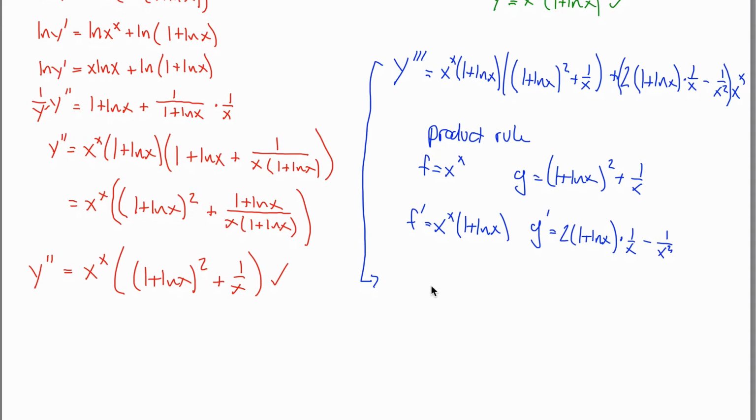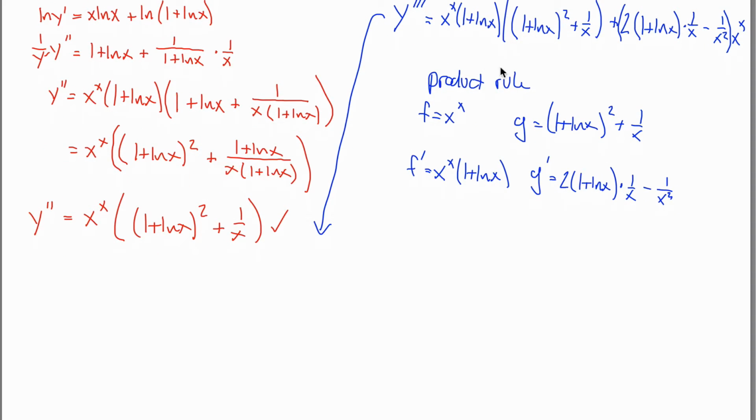And so all that's left now is to do as much algebra as you feel like doing. I think I'm going to start by cleaning up this side. There's an x to the x in this term and an x to the x in this term. So maybe I'll factor out that x to the x. I got two terms, there's one, there's the other one.